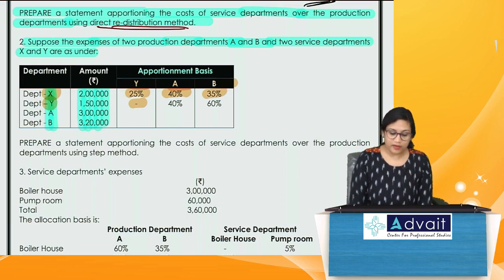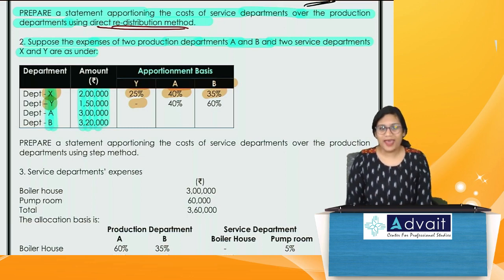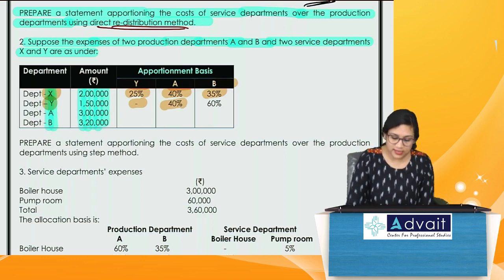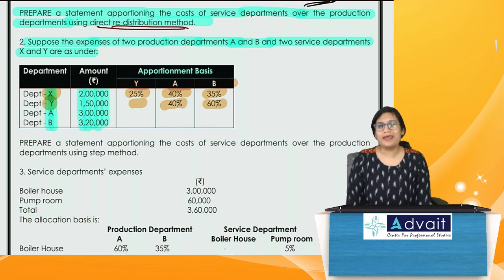Obviously, they haven't given anything about X. 40% it gives to A and 60% it gives to B.